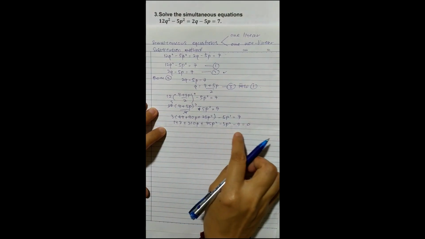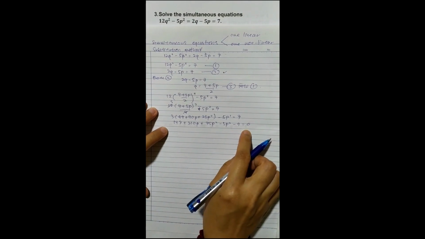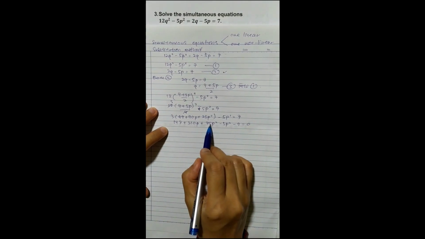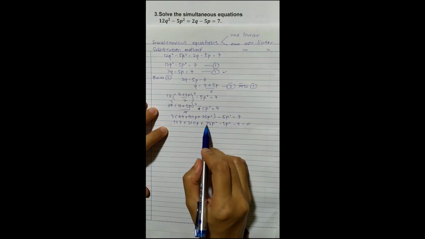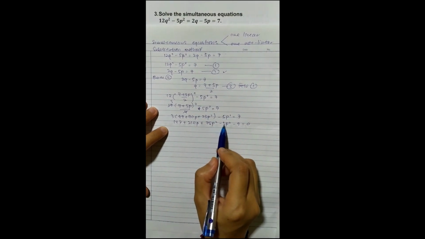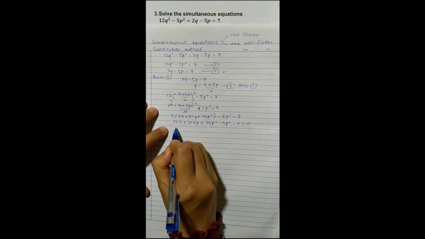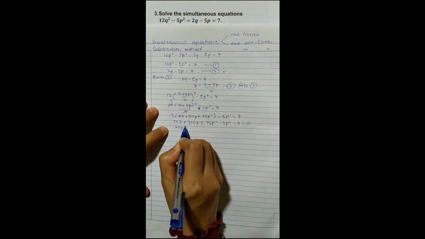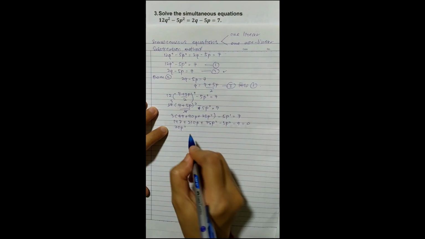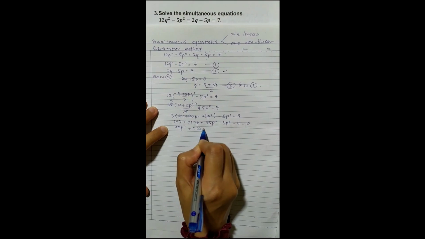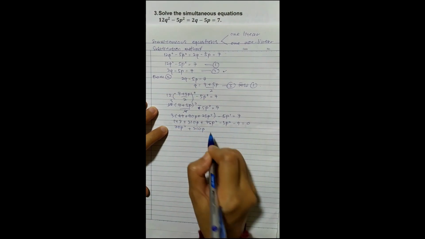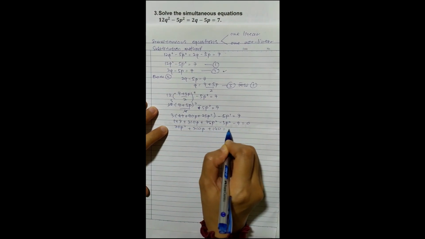Now we have to simplify the quadratic equation. 75p squared minus 5p squared is 70p squared, plus 210p, and 147 minus 7 is 140.